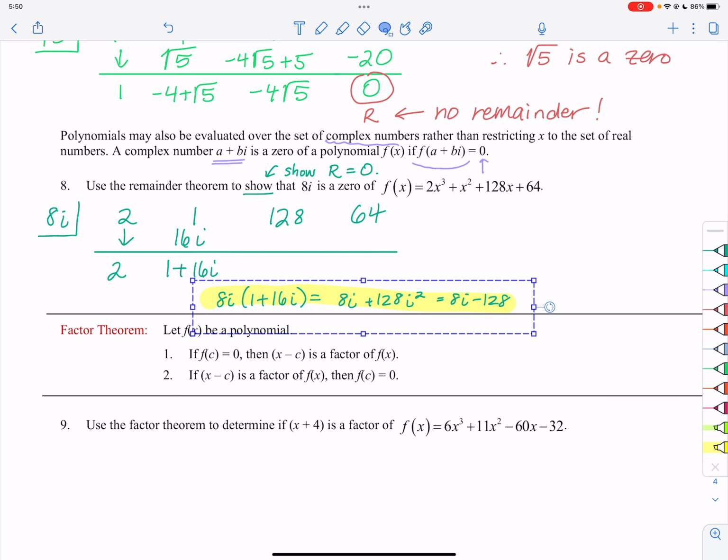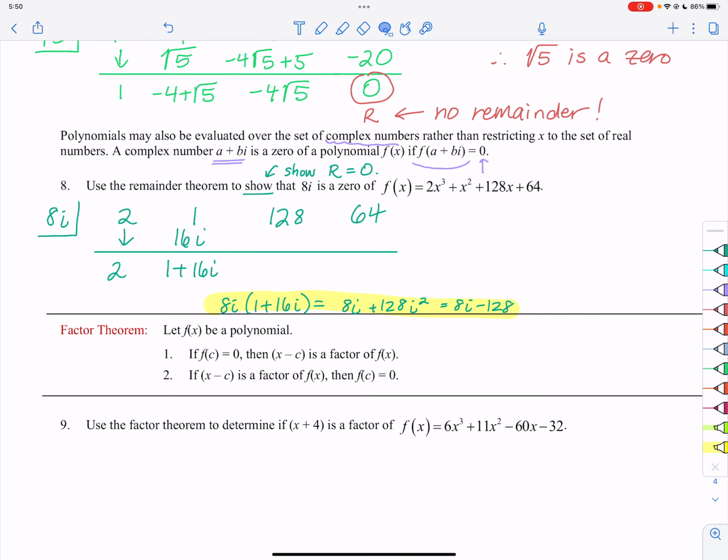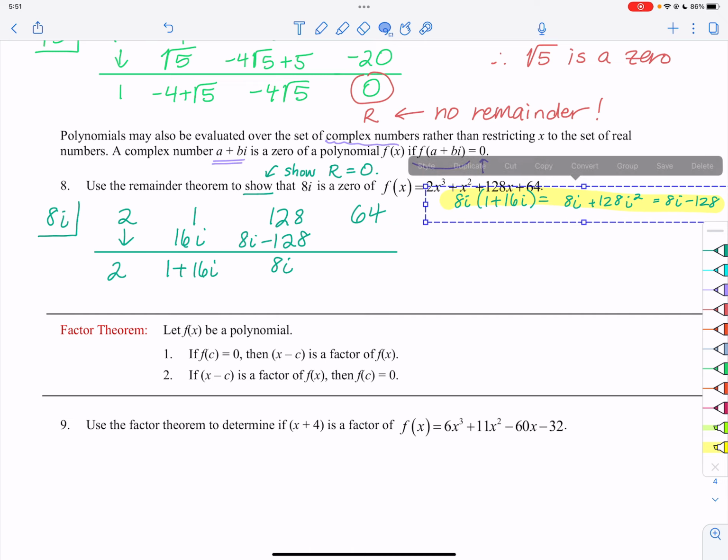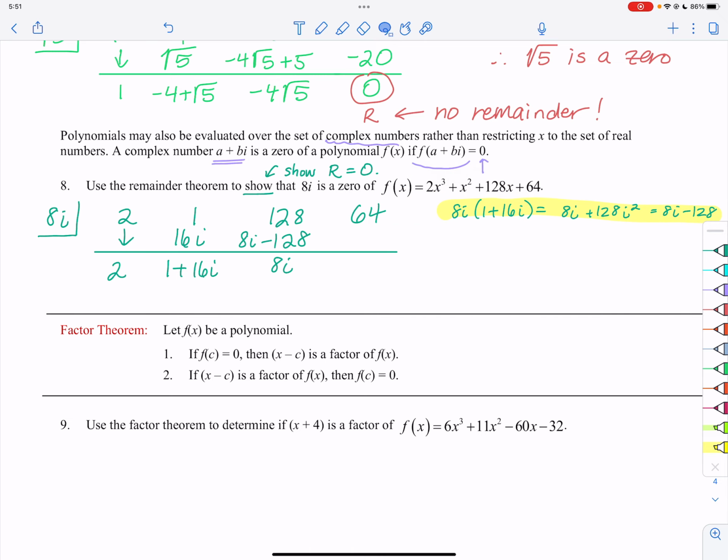I guess I could write it right there. Okay, so let's go ahead and write that in. We would have 8i minus 128, and we'd have 8i. So 8i multiplied by 8i equals 64i squared, and that's equal to negative 64.